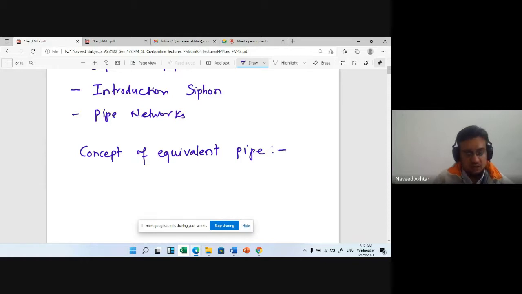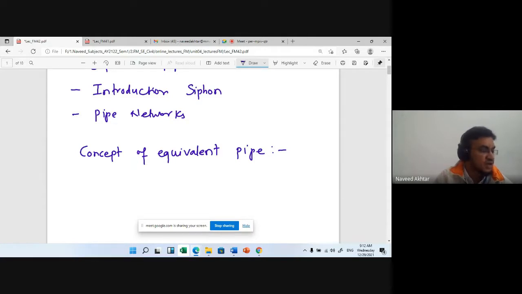The concept is that most of the time there is a compound pipe consisting of several pipes with varying diameter and varying length.